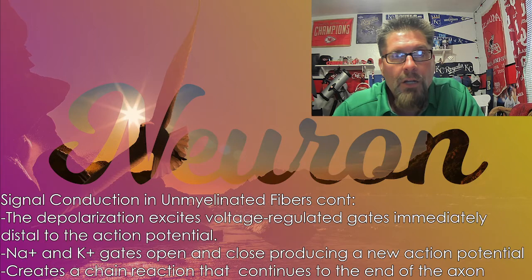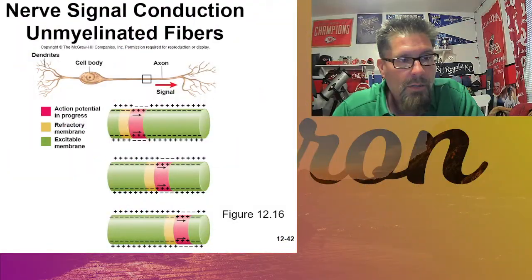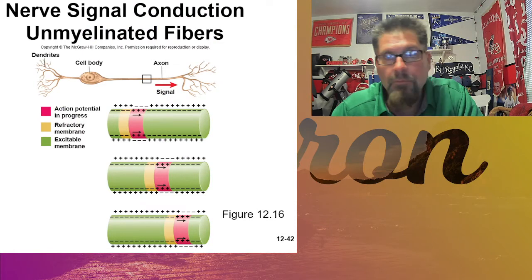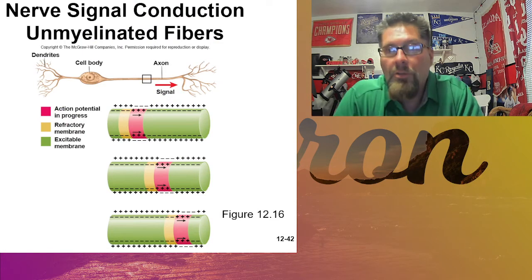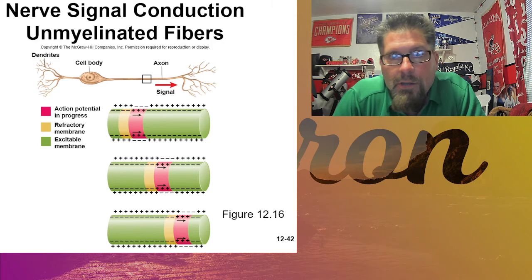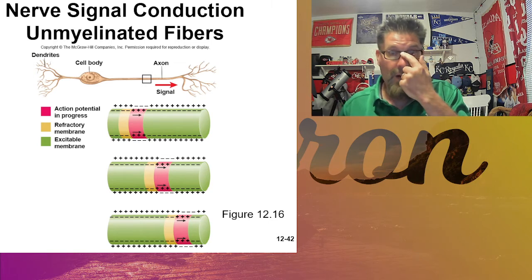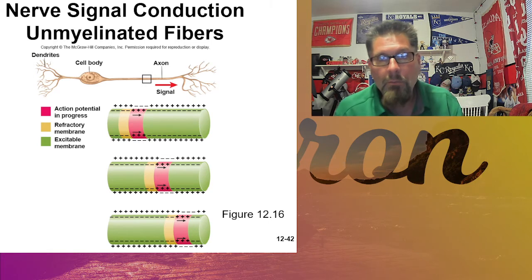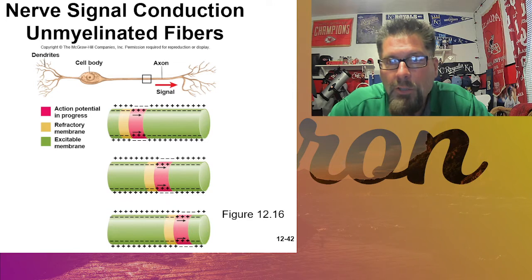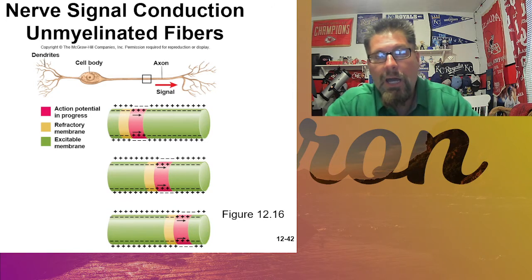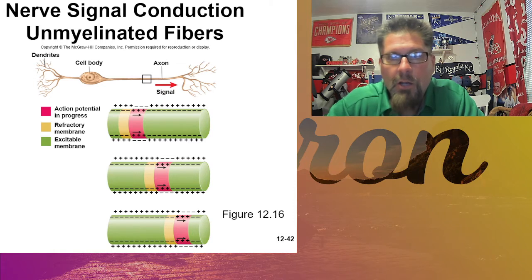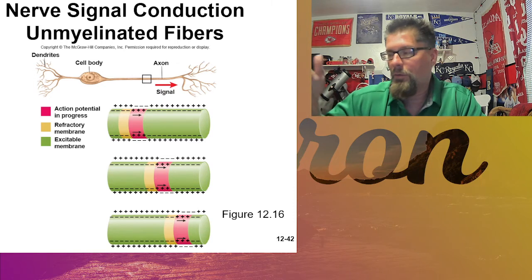And here is a look at this process. This is unmyelinated, and you can see that we've got our three parts: the membrane, the action potential, and then the refractory membrane. So it reaches the local potential and then the action potential, and then it moves in a series of steps.